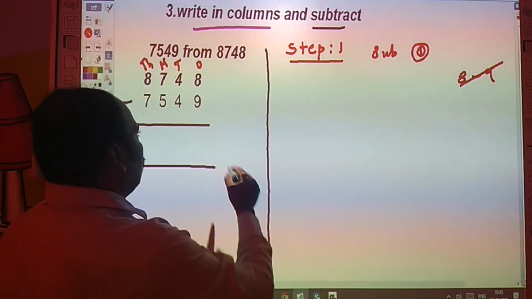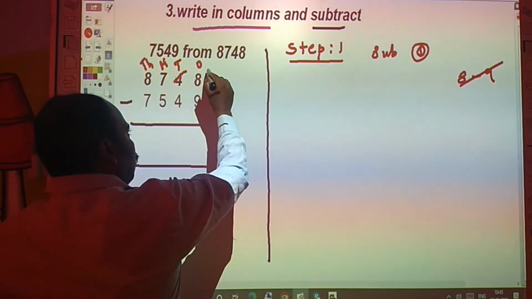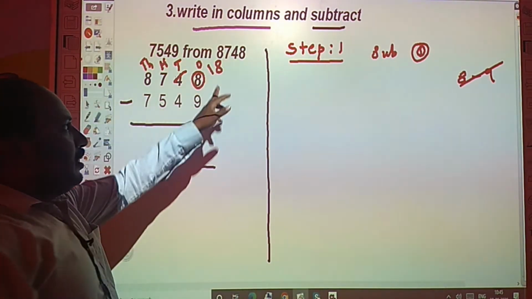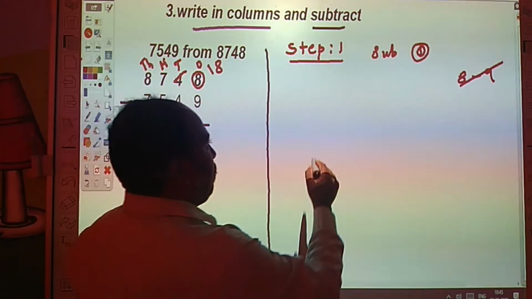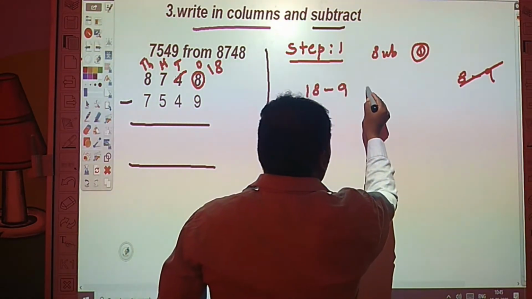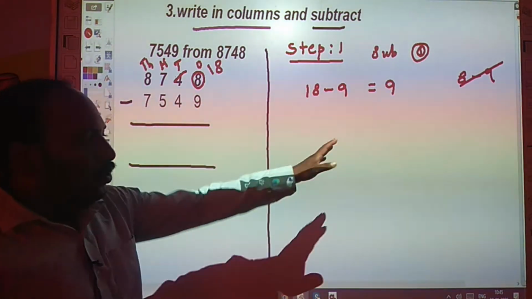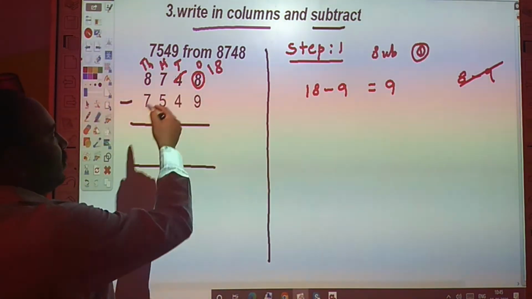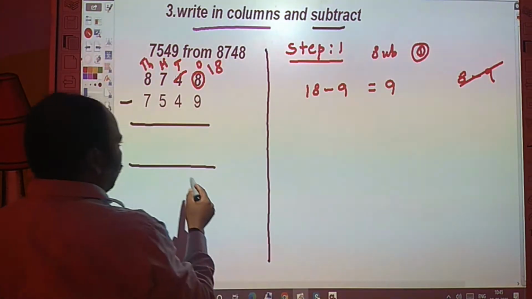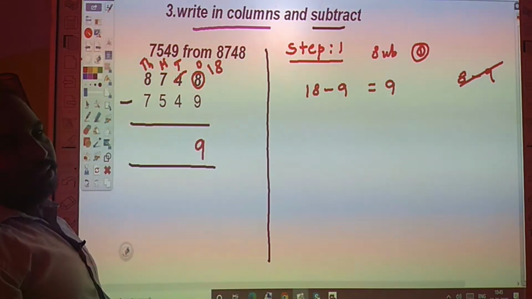So borrow 1 ten from the tens place. So 1 with 8 makes 18. 18 minus 9 is equal to 9. The number 9, write in ones place.